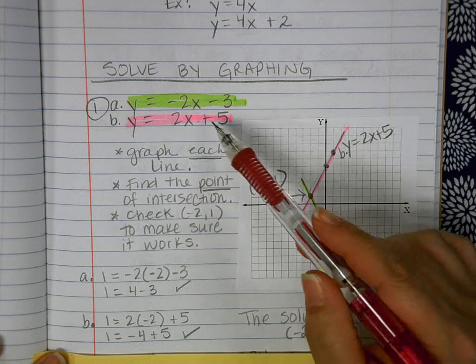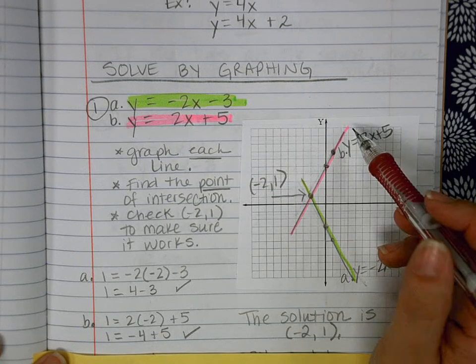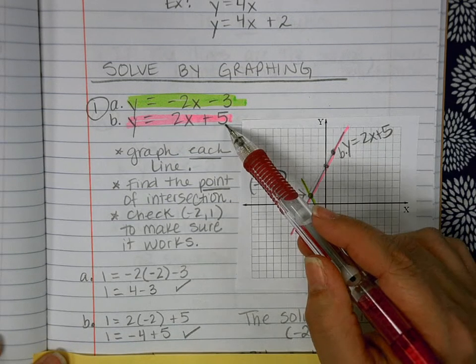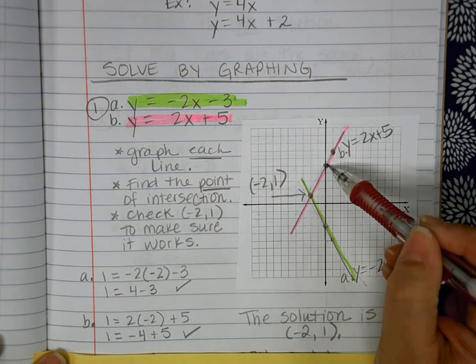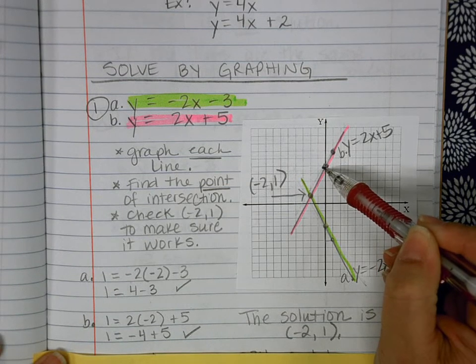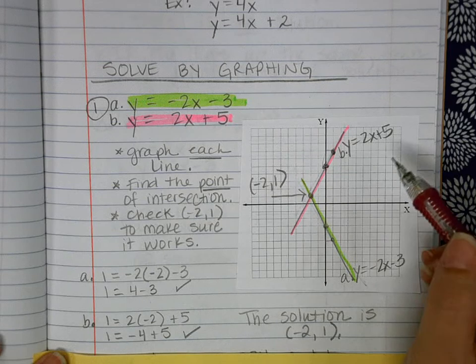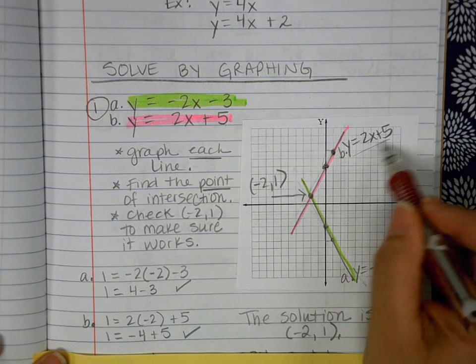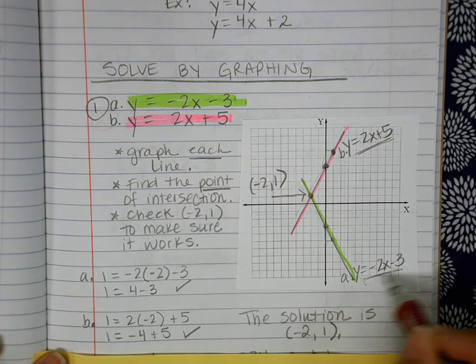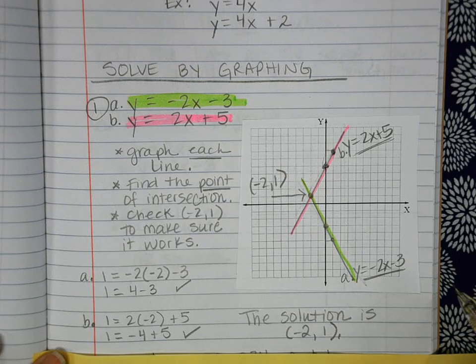Then for line B, which I did in the pink color, we start at 5. So you put a dot up here at the 5. And our slope is 2. So we go up 2 over 1. Okay? And I wrote them here for you too if you just need to see what lines are what.